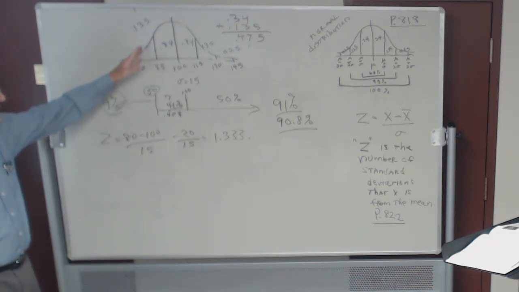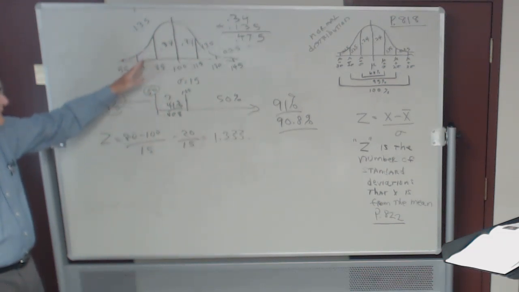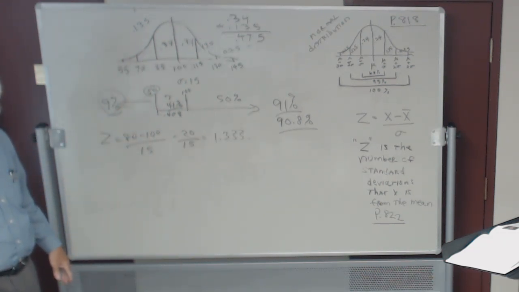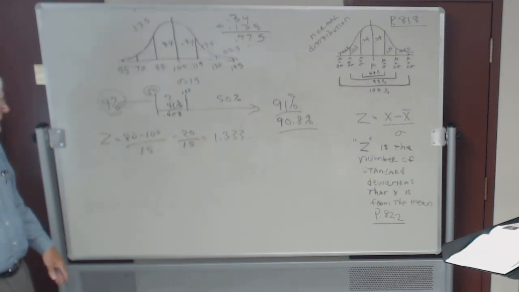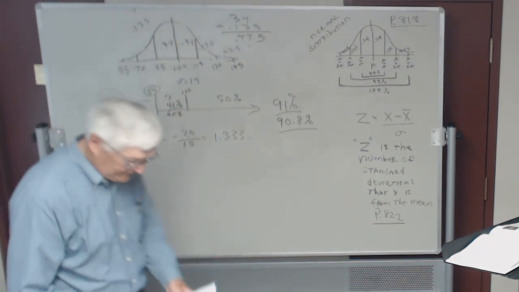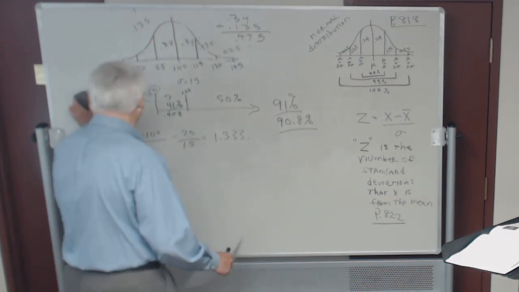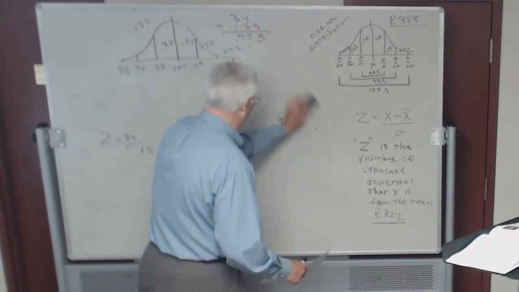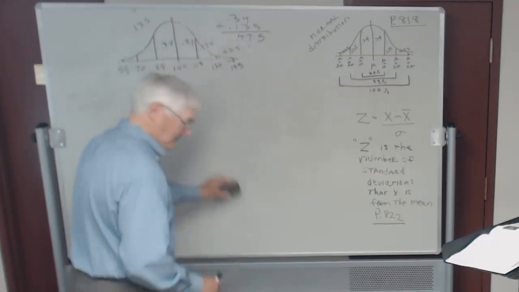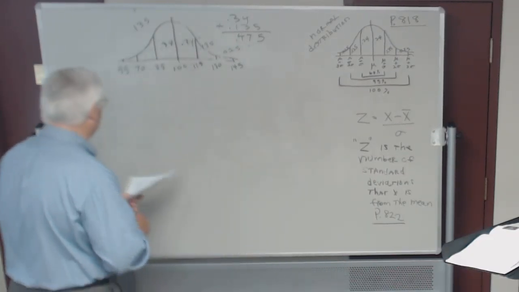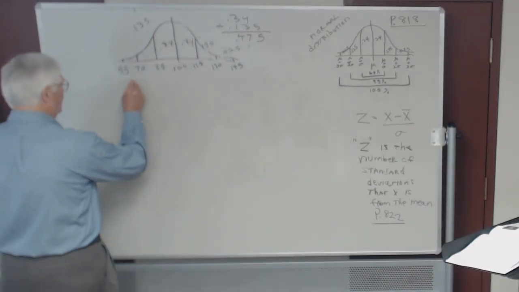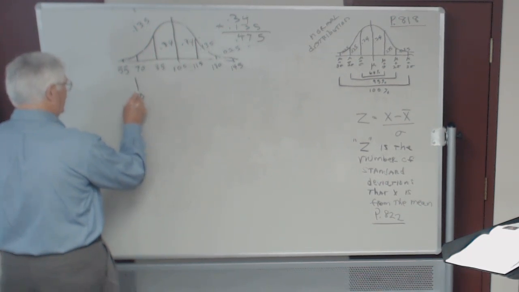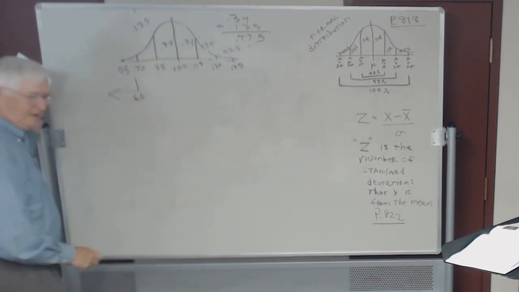Do you follow that? But I don't understand how to find the less than 60 on problem 21. How do you find it if they got a score less than 60? Okay, let's erase this and do it. So here's 60, and you want to go less than 60.